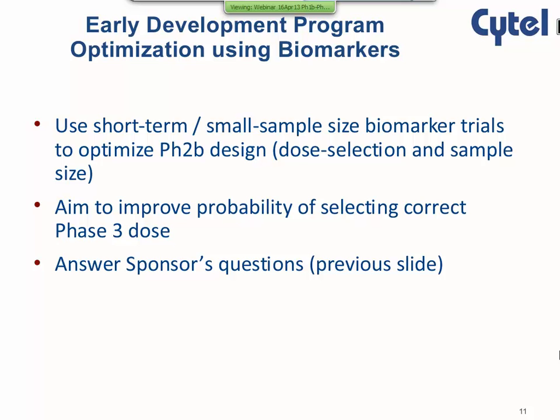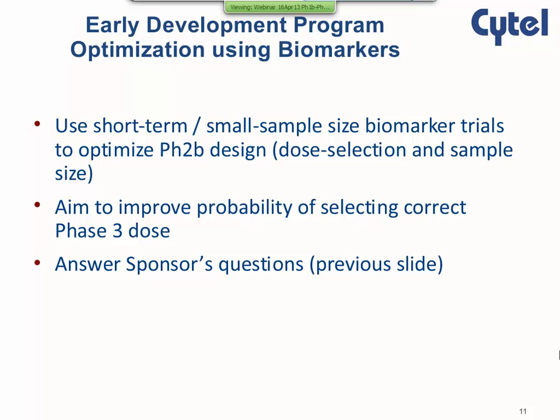What we think is new is applying this program simulation to the early development space, and in particular optimizing the use of biomarkers. What that involved in this case is to consider short-term, small sample size biomarker trials to optimize the phase 2 design, which is based on the clinical endpoint.